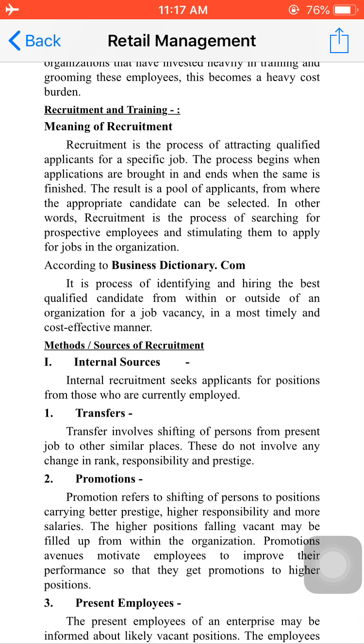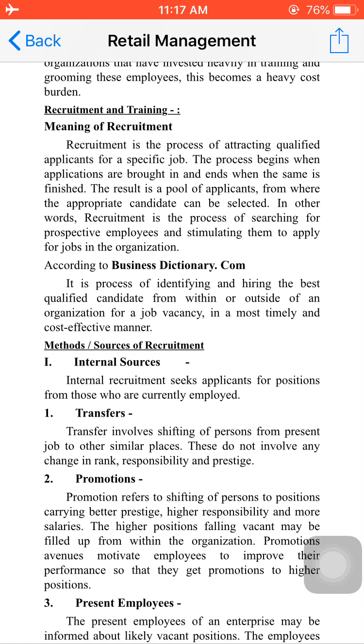In other words, recruitment is the process of searching for prospective employees and stimulating them to apply for jobs in the organization. You publish the data in any mode. Based on that, you attract them, telling them you'll be paid so much and you'll have these kinds of facilities.